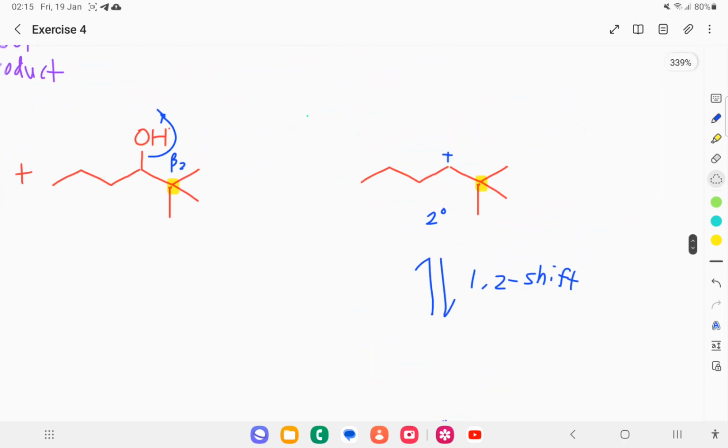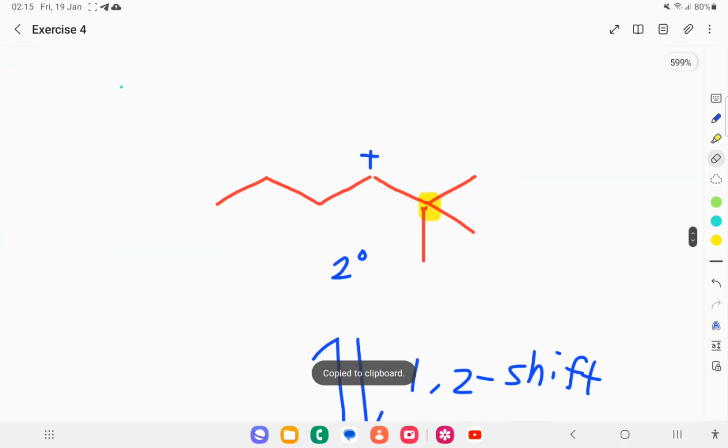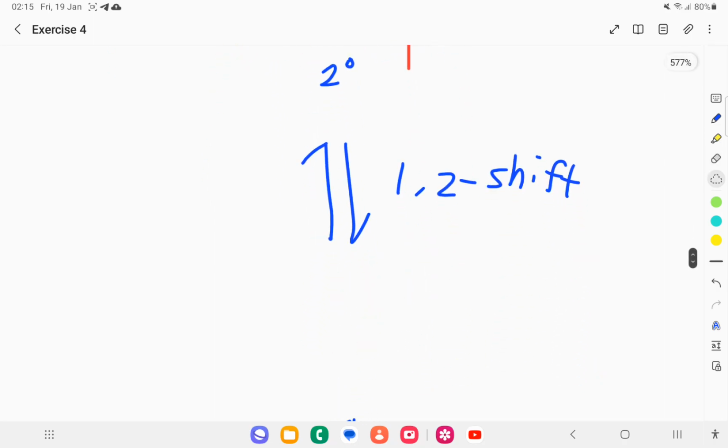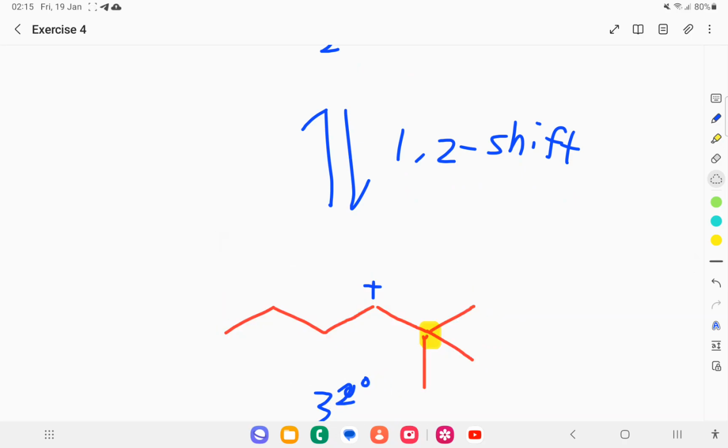Let me copy and paste this and explain to you. Alright, we are going to do a 1,2 alkyl shift, which is a 1,2 methyl shift.